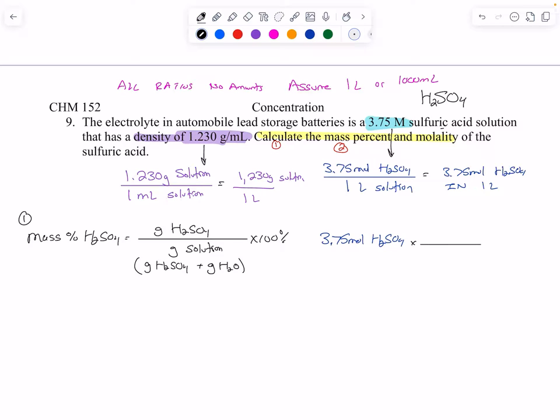And we know that for 1 mole of sulfuric acid, you got 1.01 for hydrogen. You always need your periodic table, or access to one. Sulfur, 32.07, and 4 times 16.